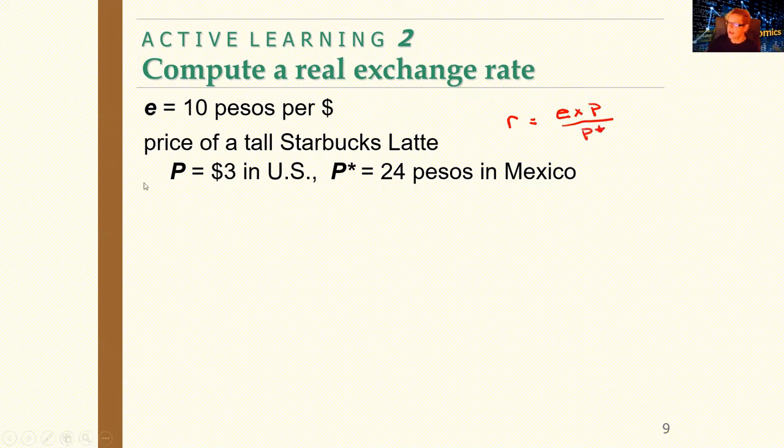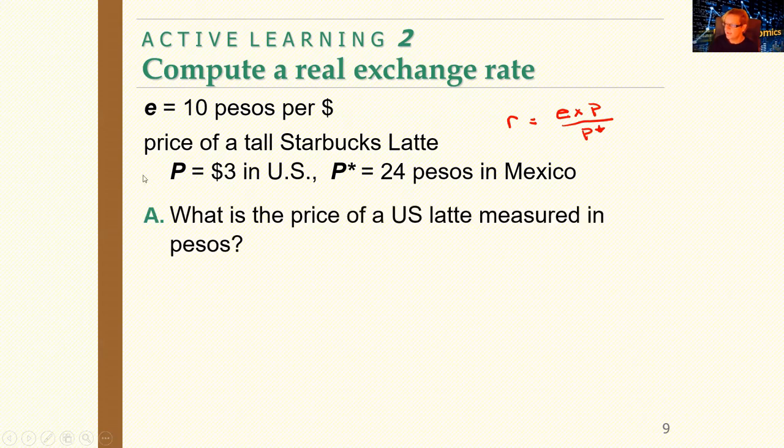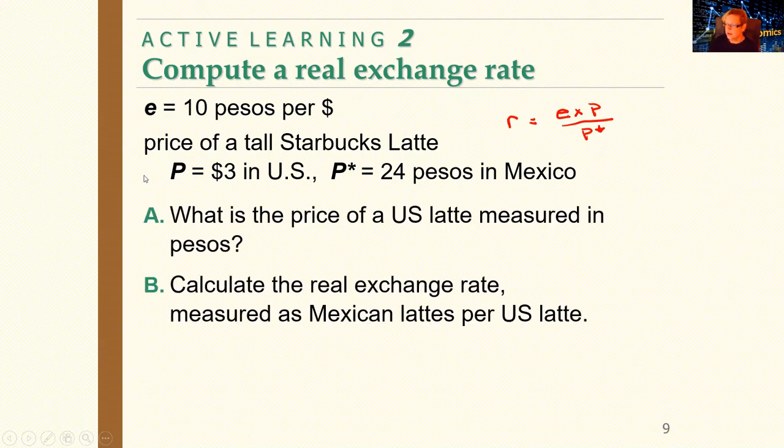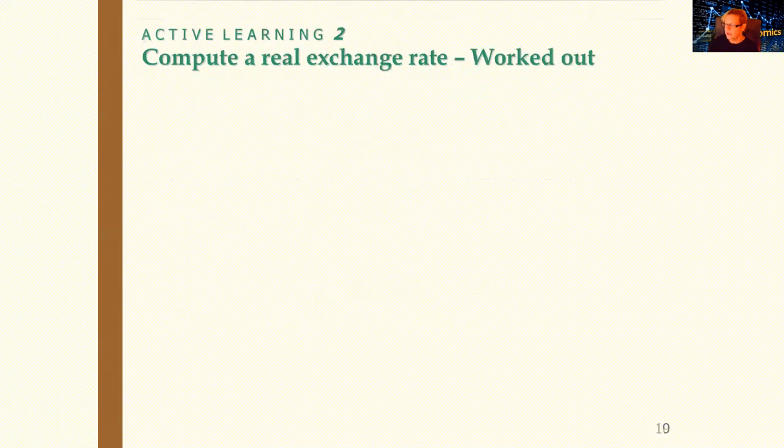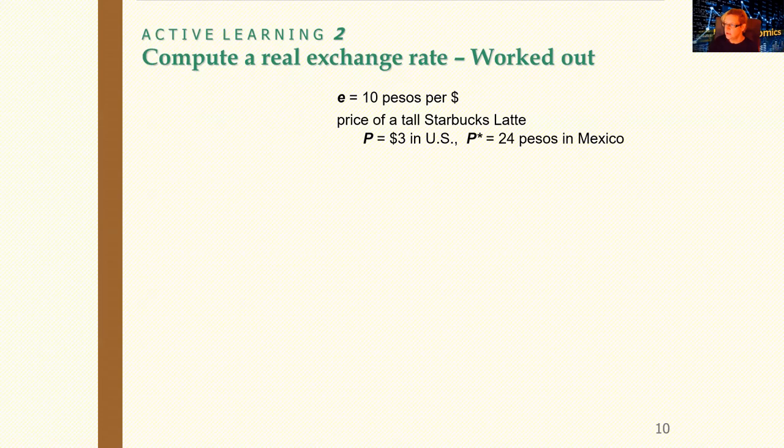Okay, so that's our formula. And so what is the price of a US latte measured in pesos? And then calculate the real exchange rate. First we're going to do the exchange rate.